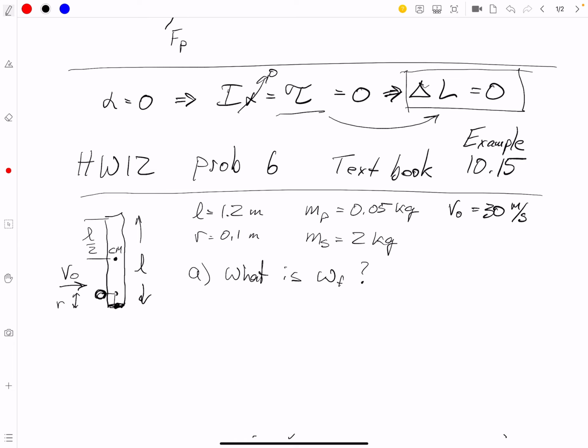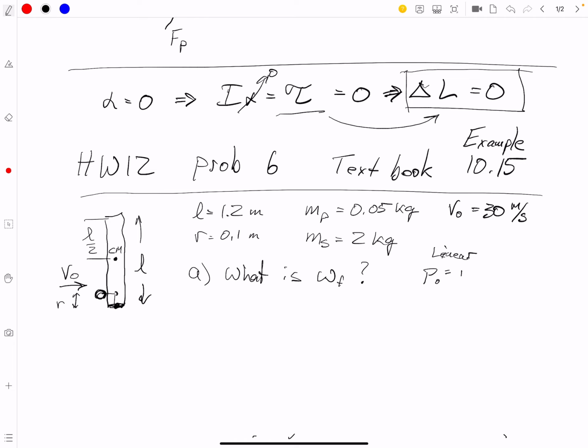So that little ball or puck, right before it hits, has this V naught. So it's just the slightest fraction of a second before it hits. That's the situation. We have an initial P naught. This is the linear momentum.